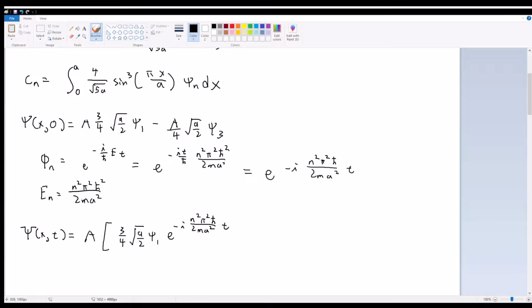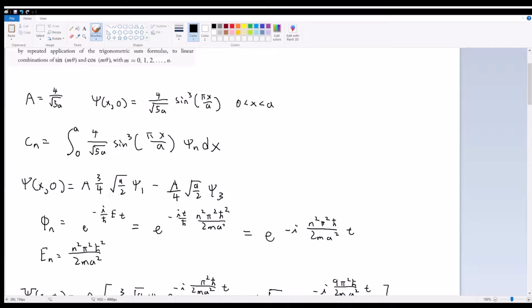And in this case, since n is equal to 1, it's just pi squared h bar. And then we're subtracting 1/4 times the square root of a over 2 times psi 3 times e to the negative i times, this time n is 3, so it's 9 pi squared h bar over 2ma squared times t.